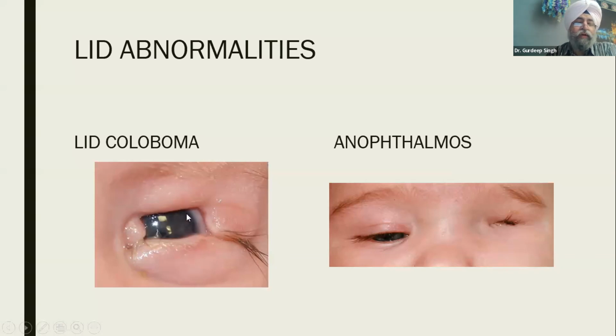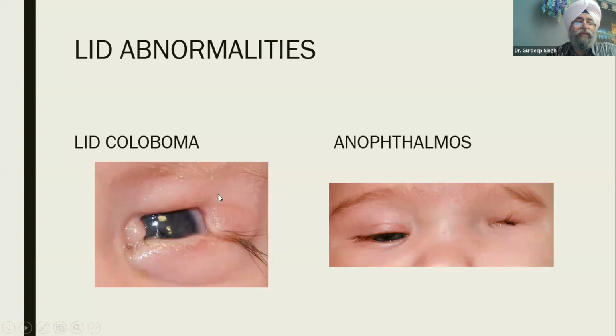Why? Because this kind of coloboma will definitely lead to corneal exposure and problems in the long term. So colobomas which are more than two-thirds of the lid, especially the upper ones, need to be looked at as an emergency and dealt with very quickly. Lower lid colobomas, lateral one-third, we can wait and watch till the child becomes a little bit bigger.